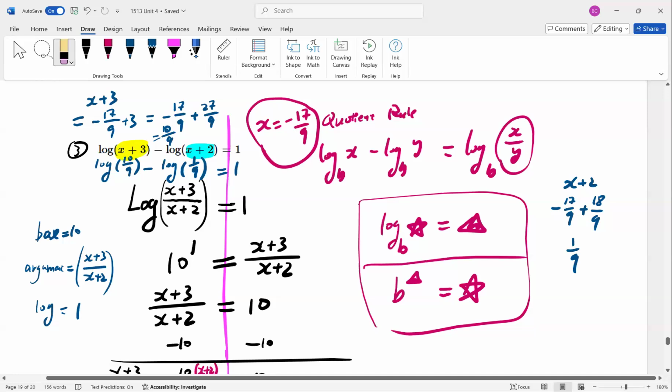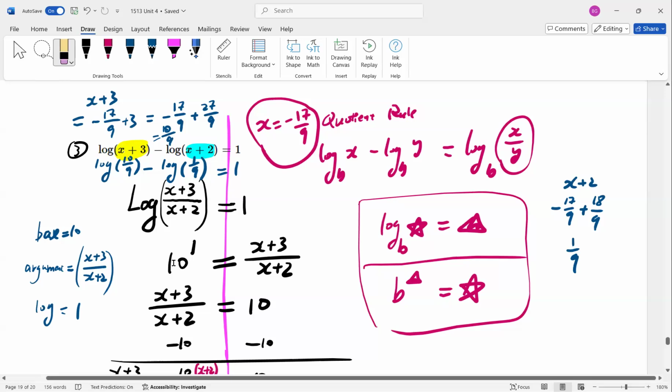We remember extraneous solutions from the previous chapter, right? When we solve rational equations and radical equations, we do have to check, because when we change the structure of the equation, we removed or expanded the domain. The domain is supposed to make the yellow positive, the blue positive, because arguments have to be positive.